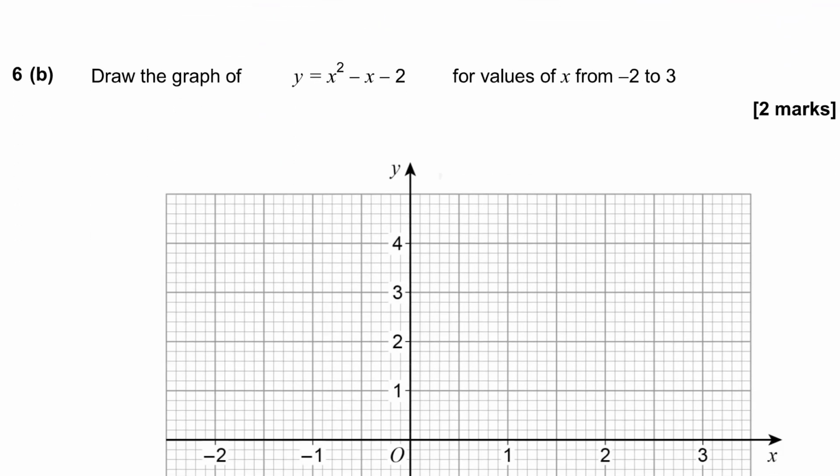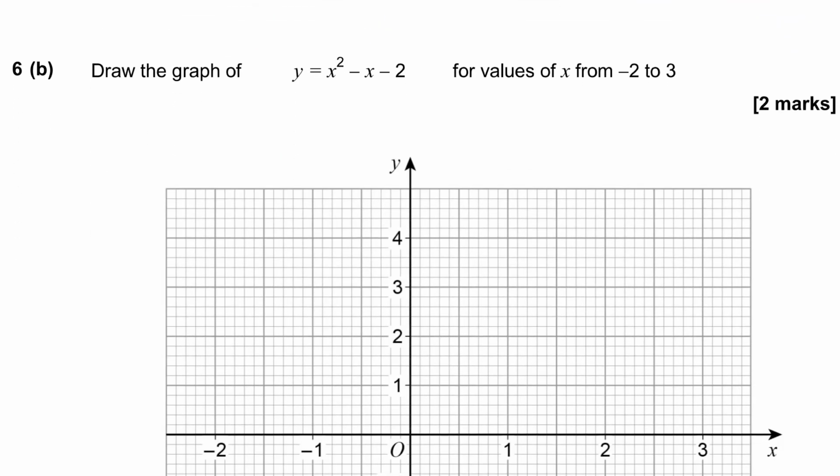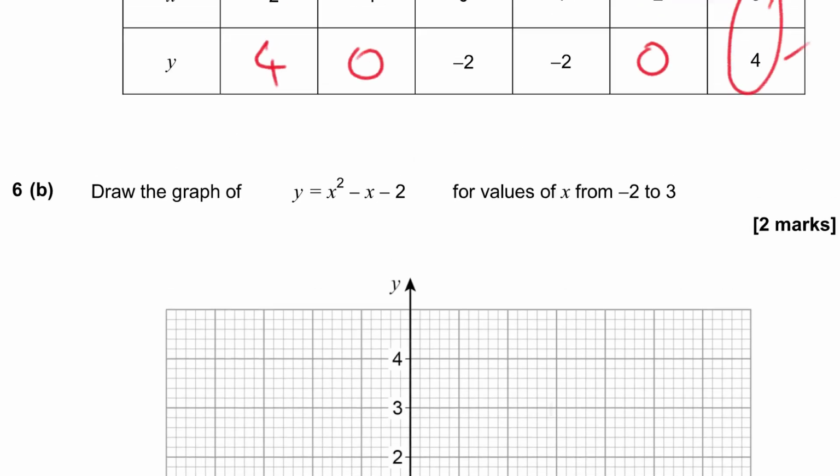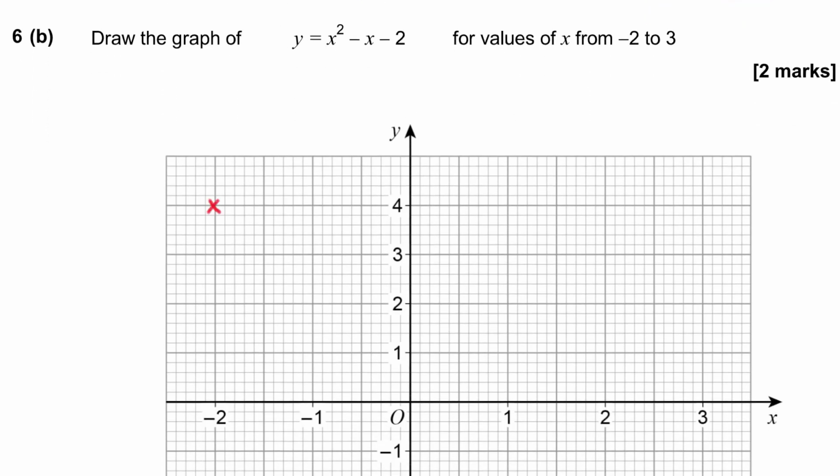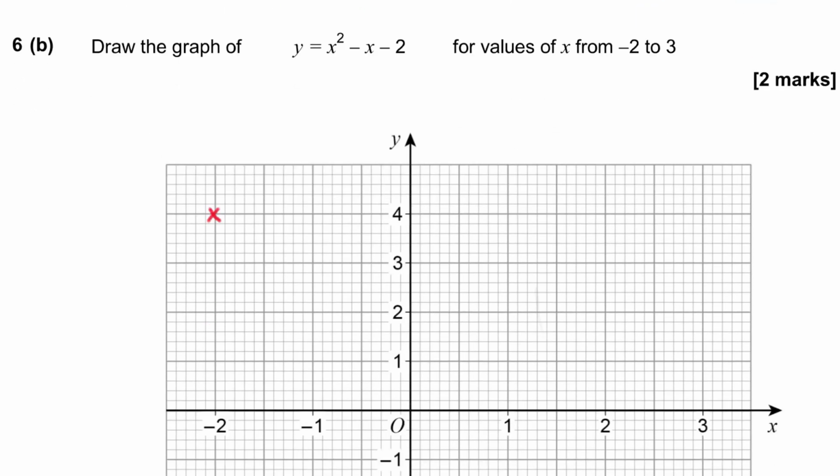Right, so draw the graph of y equals x squared minus x minus 2 for the values of x from minus 2 to 3. So basically we just need to plot those points on. Minus 2, 4. Minus 2, 4 is up here. What's next? Minus 1, 0.